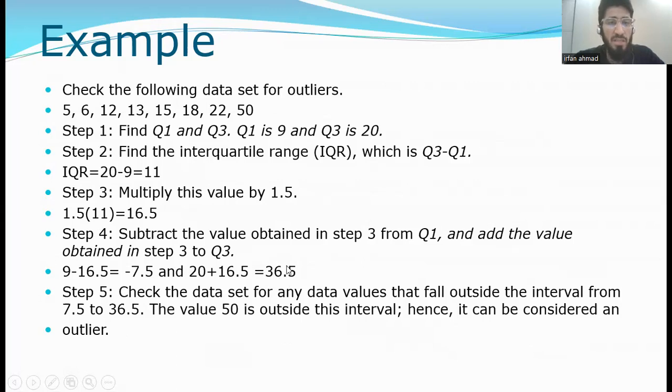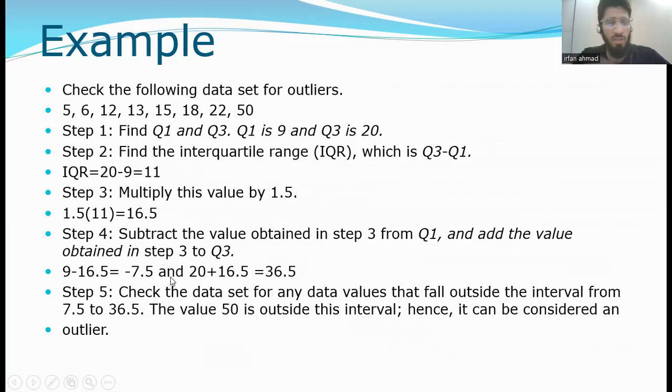Now let's see which value is beyond 36.5. Here we have 50. So 50 is not in the range of 36.5, which means 50 is an outlier. On the other side, beyond minus 7.5, there is no value.